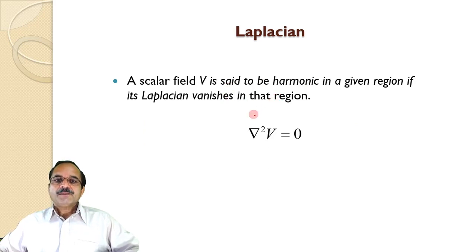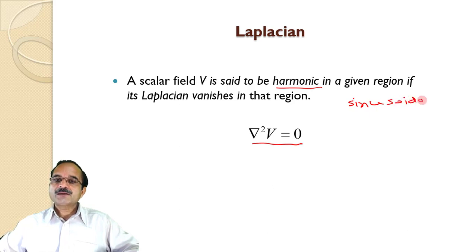Now, if a Laplacian of a scalar field turns out to be 0, that means if it vanishes, then the scalar field V is said to be harmonic or sinusoidal. So this property is very useful in electromagnetics to find out whether the variation of a given field is varying sinusoidally or not. So this we will use later on in our subject.